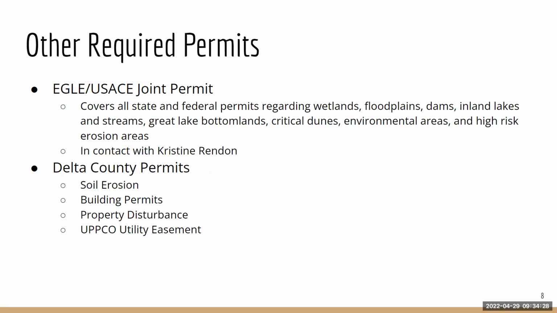We have been in contact with Christine Redden from EGLE, but we have not heard back in regards to this project. In addition, Delta County permits will need to be acquired as well, specifically with soil erosion, building permits, property disturbance, and they'll need to communicate with UPCO for utility easements.